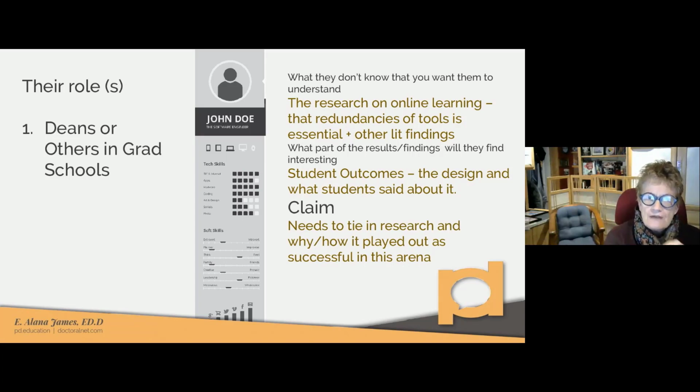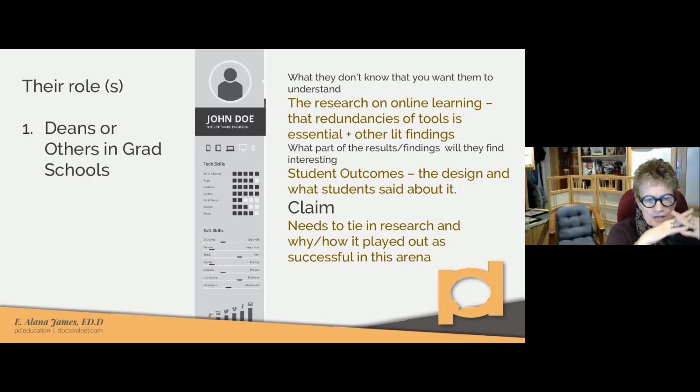What are the results or findings they're going to find interesting would be the student outcomes and the design and what students said about that design. And then the claim that I'm making from their point of view, because even though it's one claim I'm crafting, I want it to hit home for 3 different points of view. So I need to consider what that claim looks like per each person.